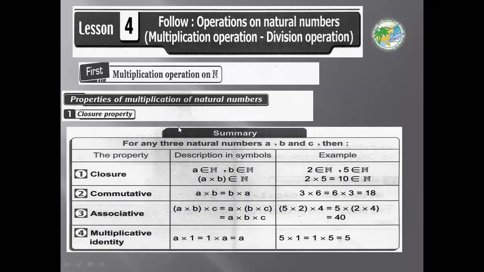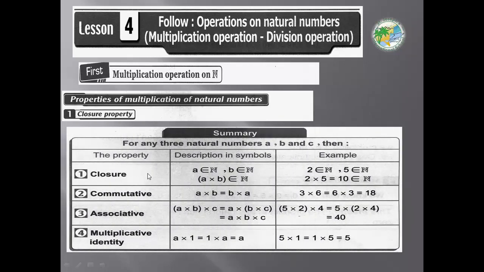The first property for the multiplication operation of natural numbers, number 1, is the closure property. From the last lesson, if A belongs to the natural numbers and B belongs to the natural numbers, then A times B belongs to the natural numbers. In the last lesson, A plus B belonged to the natural numbers, because it was addition and subtraction.